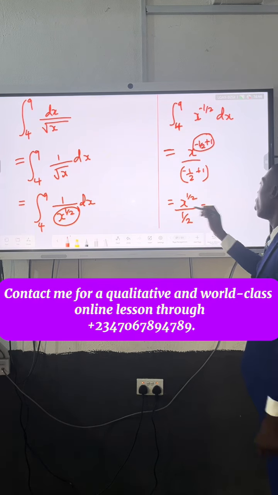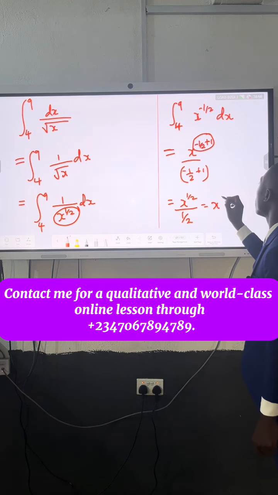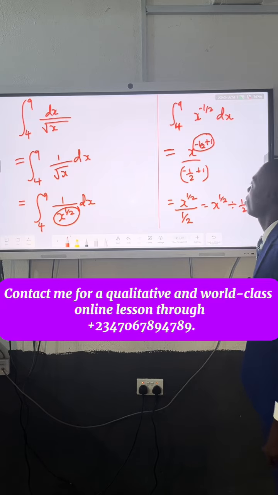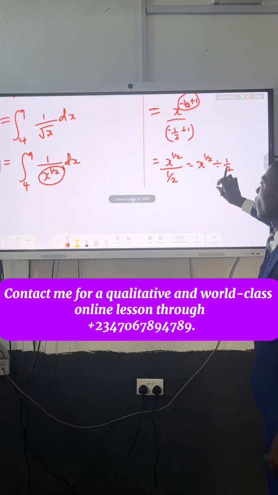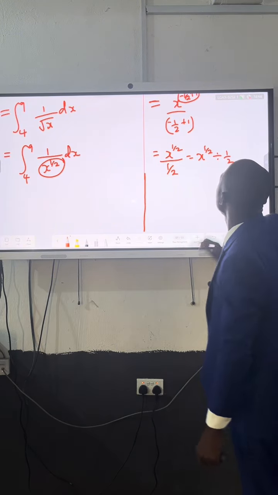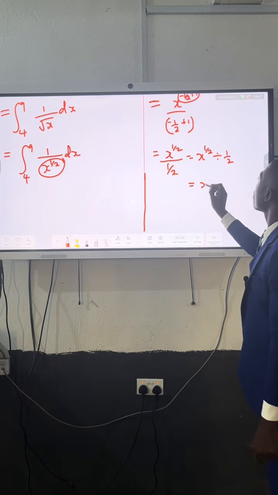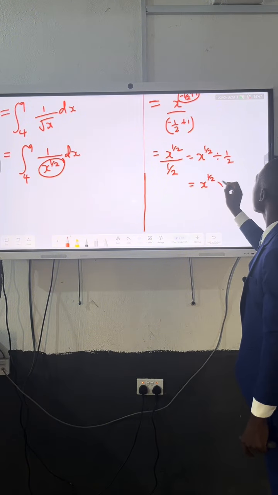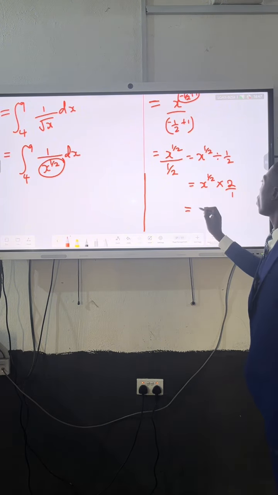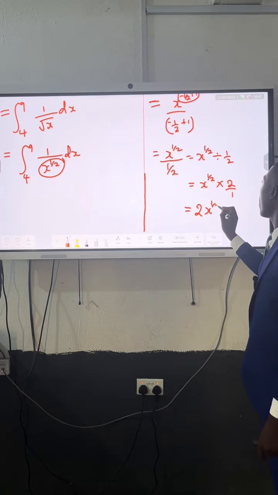This is the same thing as x to the power of 1 over 2 divided by 1 over 2. I hope you are following. Now this is equal to x to the power of 1 over 2 times 2 over 1, or you just say 2. That means this is equal to 2x to the power of half.